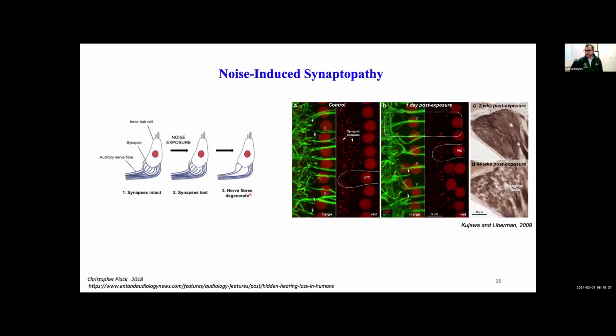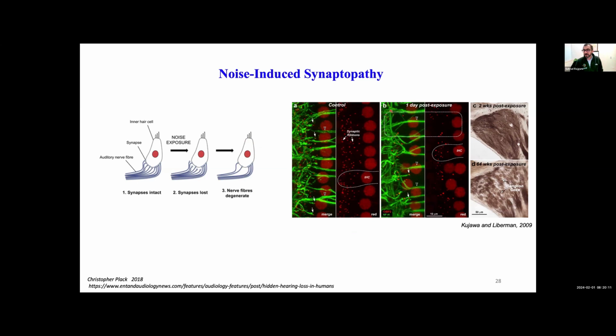But one thing that I always like to point out is the work by Sharon Kujawa and Charlie Liberman at Harvard, which shows that if you expose animals to rock-concert-type noise for 1 or 2 hours, and you look at the inner hair cells and all of the synaptic connections formed on them, you can see in the cartoon on the left, and on the right what they look like in a control cochlea, a lot of synaptic ribbons, these little red dots all over.